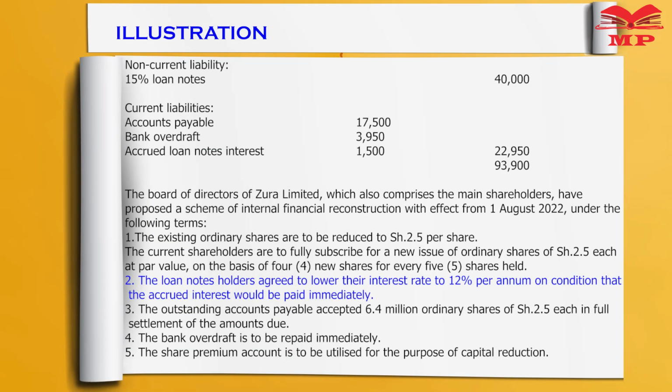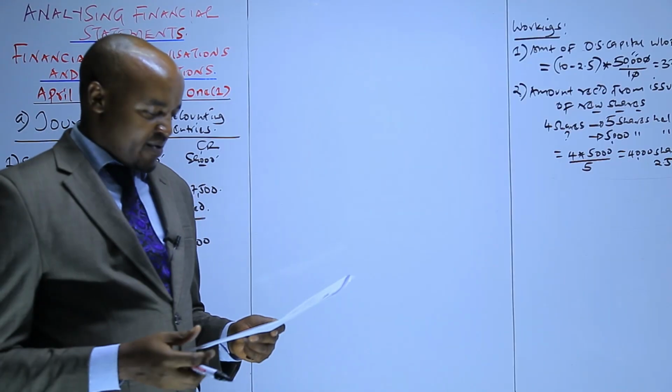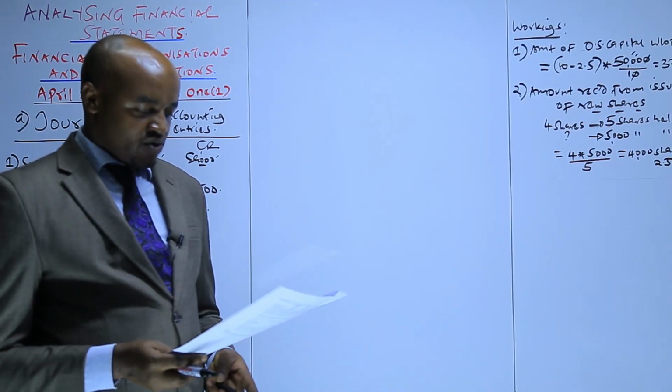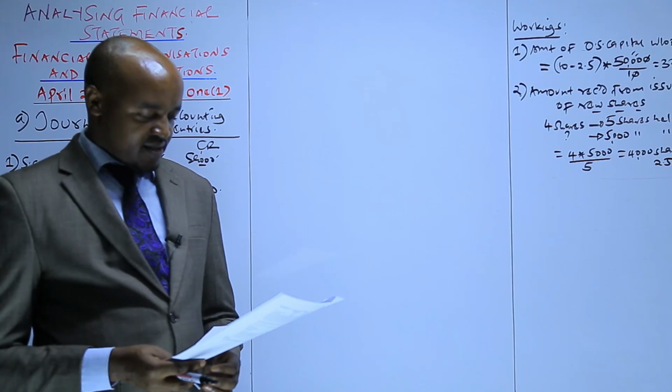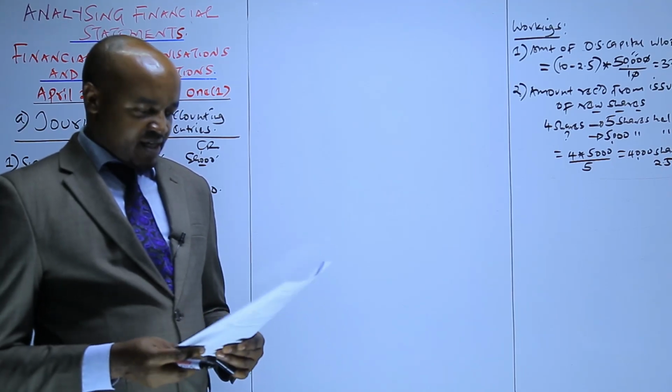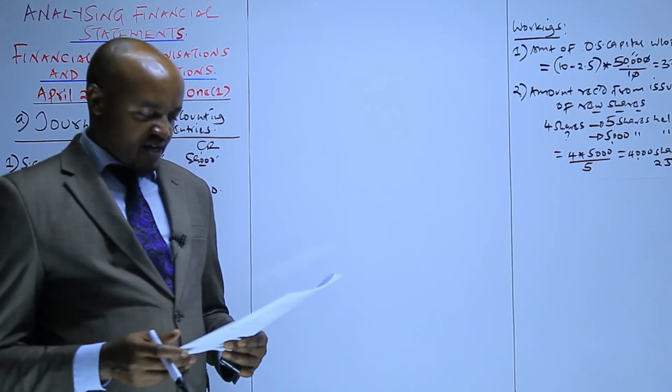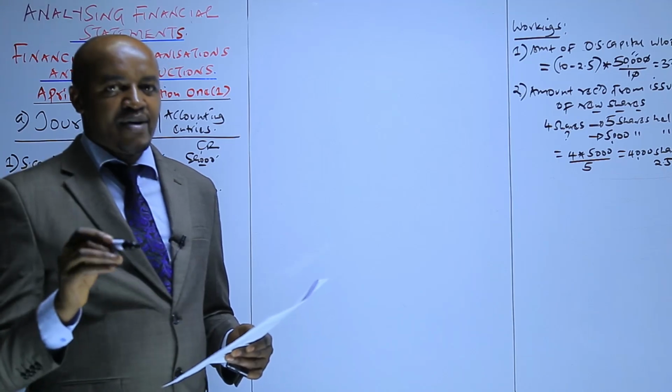So let's move to point number 2, and we are told the loan notes holders agreed to lower their interest to 12% per annum on the condition that the accrued interest would be paid immediately. So in that case, we have 2 transactions. Number 1, the loan notes which were issued by this company, per the statement of financial position given under paragraph 2, were 15% loan notes.